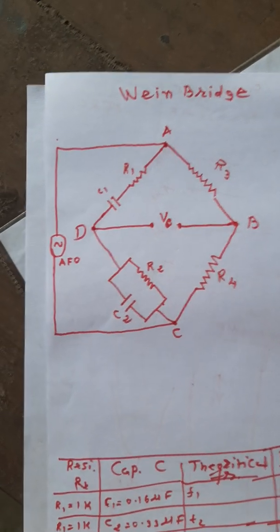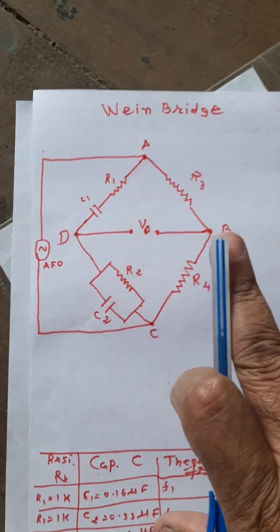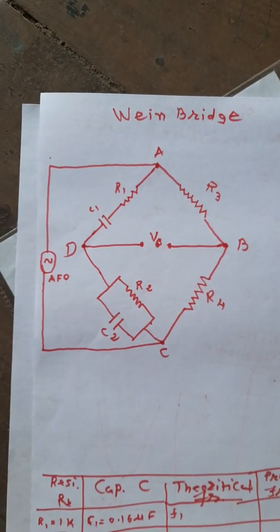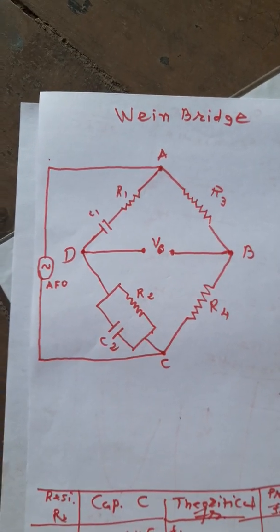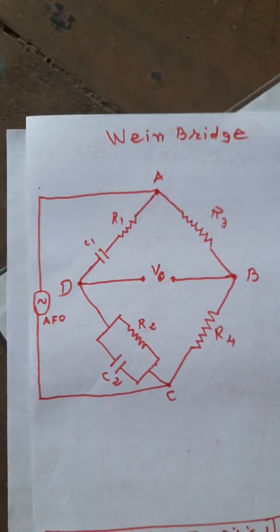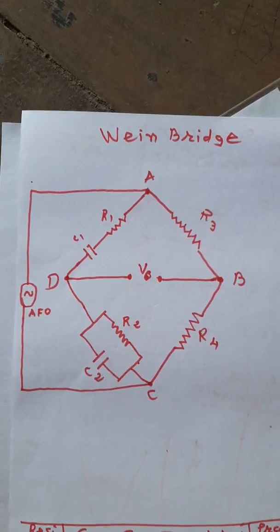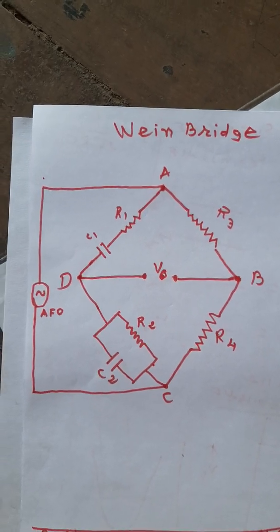While in this case we keep the component values constant and we balance the bridge by changing the frequency of the input voltage. So this is the difference. In the Wien bridge we balance the bridge by changing the input voltage frequency.